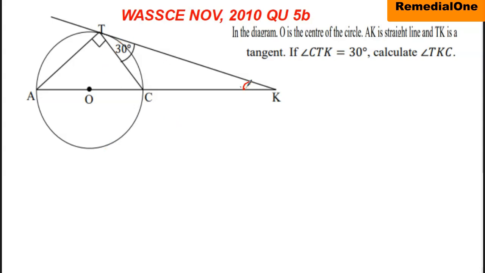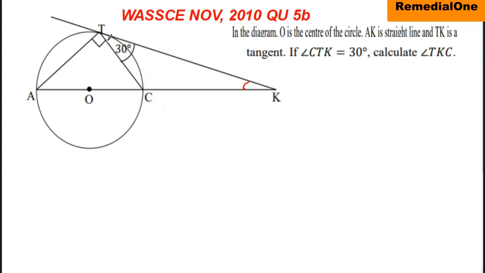Now, TK is a tangent, and TC is also a segment. And you ask yourself, what statement do we have about a tangent and a segment? There is a theorem for that.